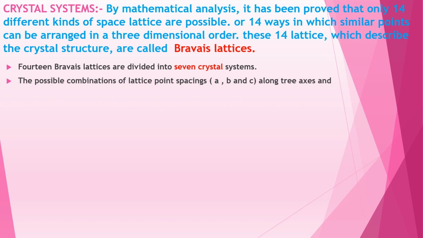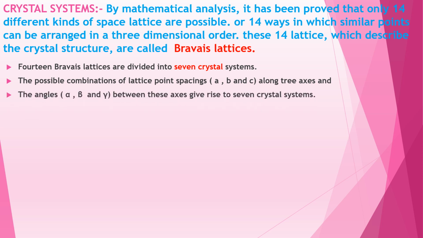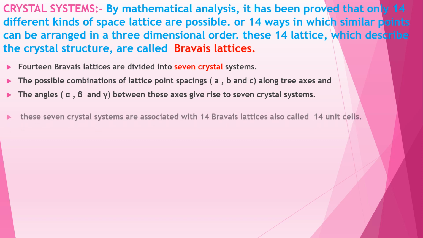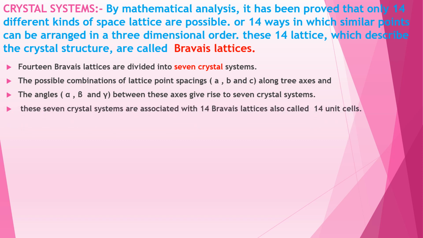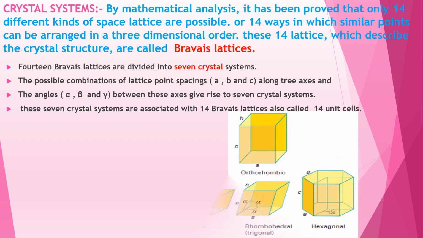The possible combinations of lattice point spacing, indicated by A, B and C along the 3 axes, and the angles between them, alpha, beta and gamma, give rise to 7 crystal systems. These 7 crystal systems are associated with 14 Bravais lattices, also called 14 unit cells.